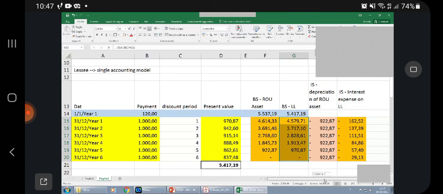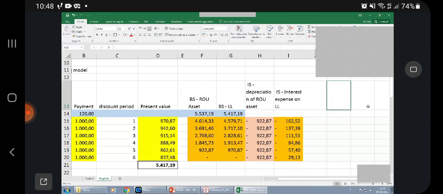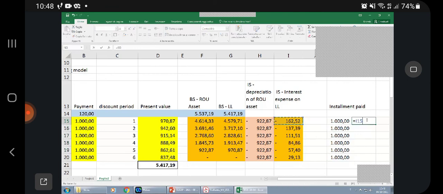Okay? If we look at the cash flows, the installment paid is always 1,000. But the interest is higher at the beginning, lower step by step, year after year.